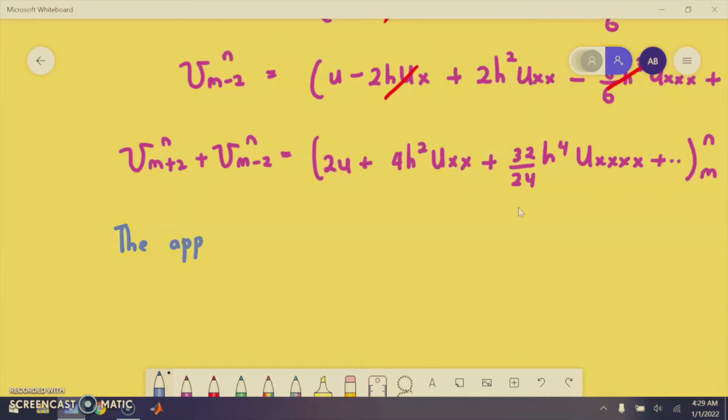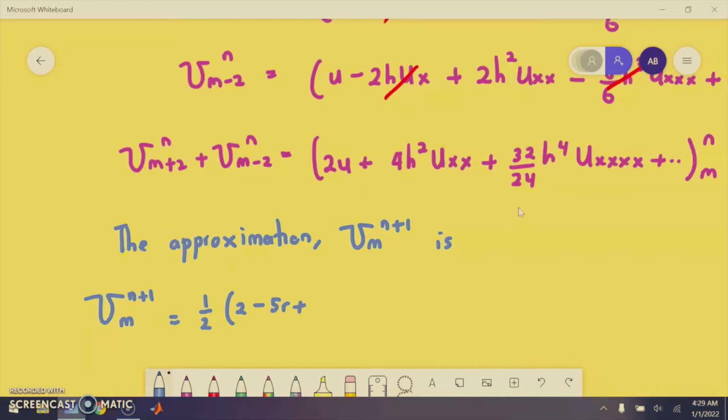The approximation u_m^(n+1) is given by u_m^(n+1) equals, let's write the one that does not change, which is 2 minus 5r plus 6r squared u_mn.